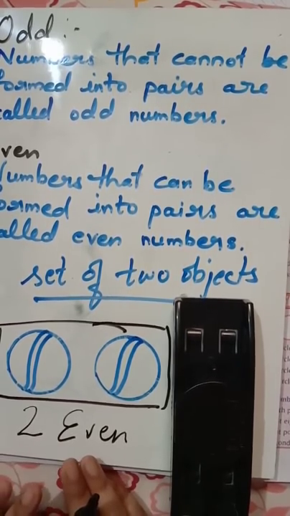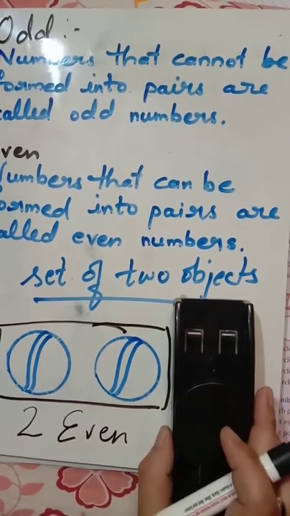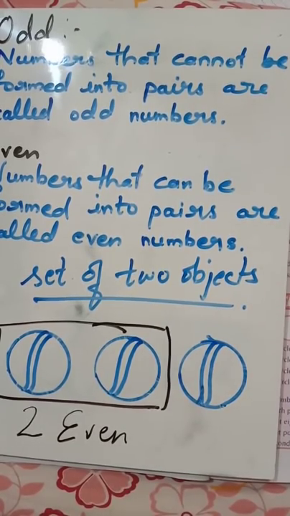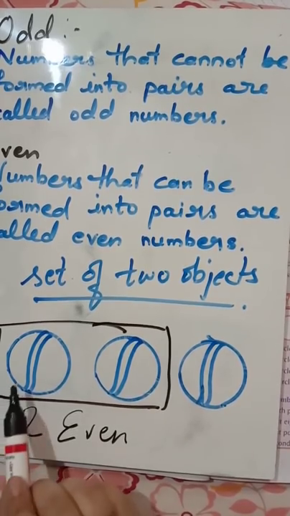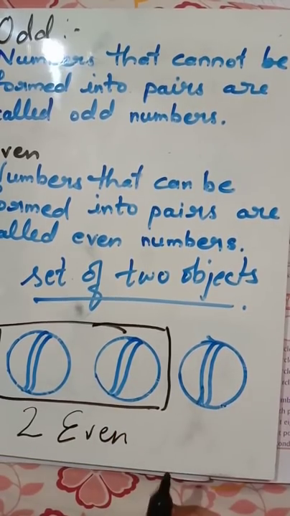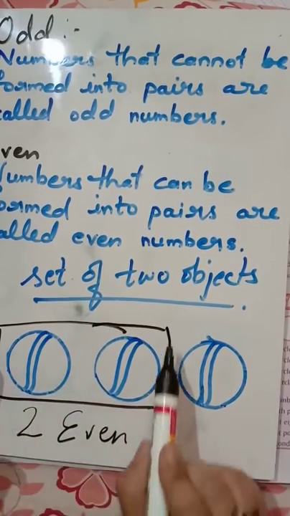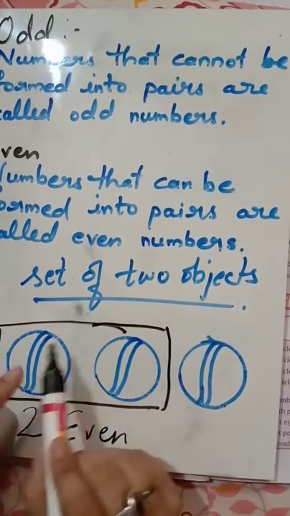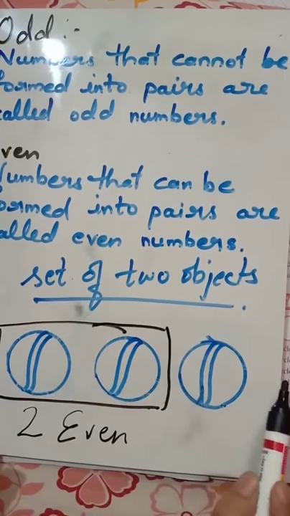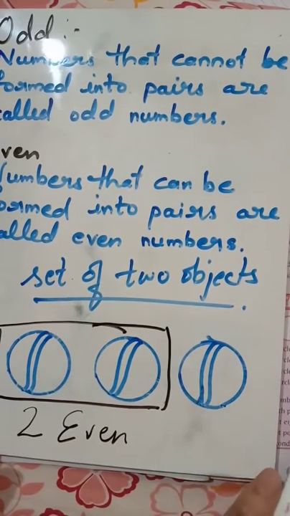Now if I add a third ball also, how many balls are there? 1, 2 and 3. When I make a pair of these balls, I will include only 2 balls in a set, in a pair, so one is left over.